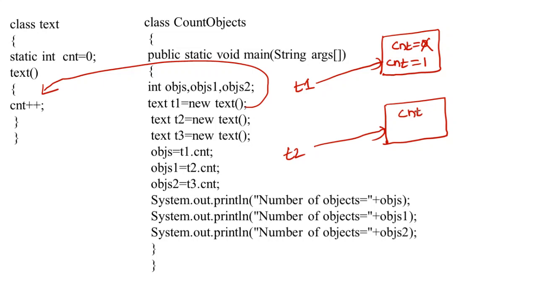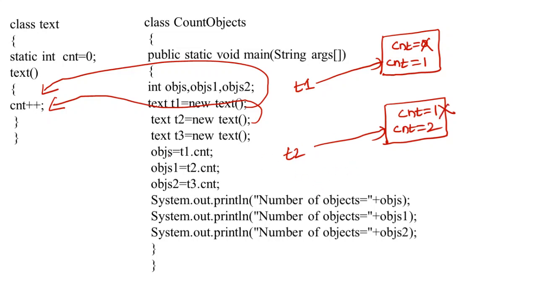Whenever an object is created, control automatically goes to the constructor, and cnt++ increments it by 1. Now cnt is 2, not 1.